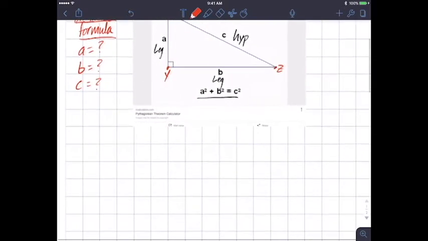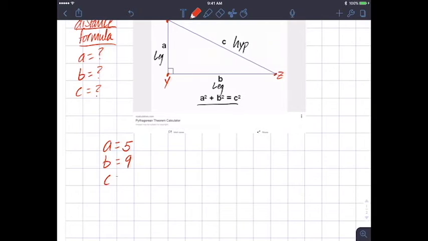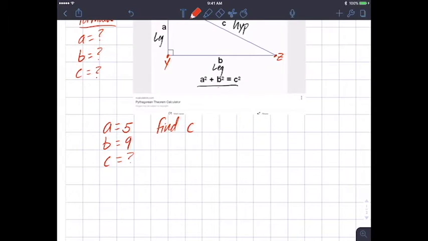Okay, so I'm just going to make up some values. A is 5. Let's say B is 9. And we need to find C. Okay, so we're going to go ahead and plug it into our formula, the Pythagorean Theorem.